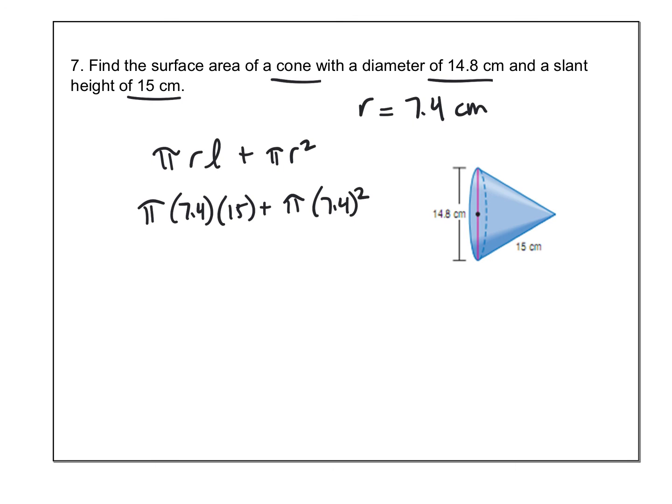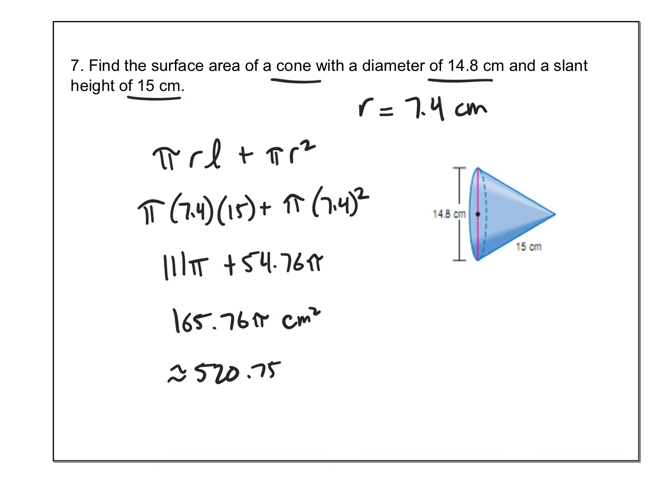So 7.4 times 15 will be 111 pi. 7.4 squared will be 54.76 pi. So in terms of pi, this would be 165.76 pi centimeters squared. And if I multiply that out, that's going to be approximately 520.75 centimeters squared.